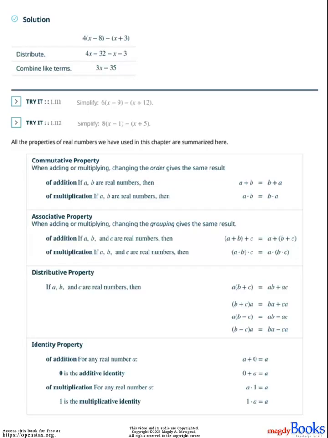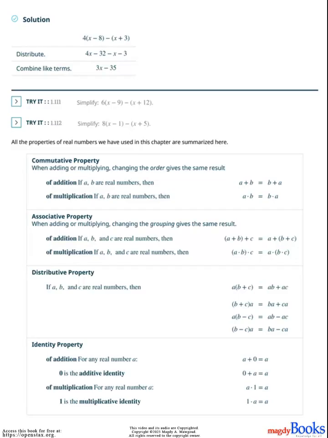B. Associative property. When adding or multiplying, changing the grouping gives the same result. 1. Of addition. If a, b, and c are real numbers, then open parenthesis a plus b, closed parenthesis, plus c equals a plus open parenthesis b plus c, closed parenthesis. 2.